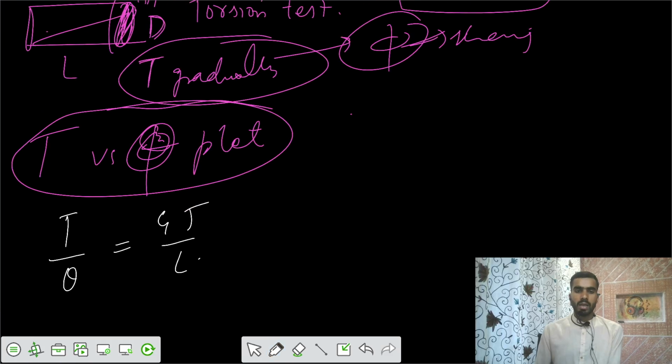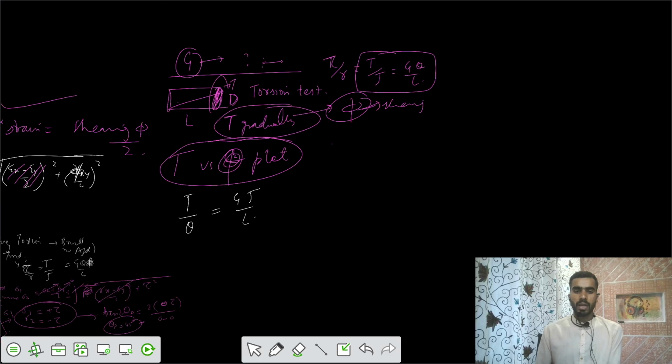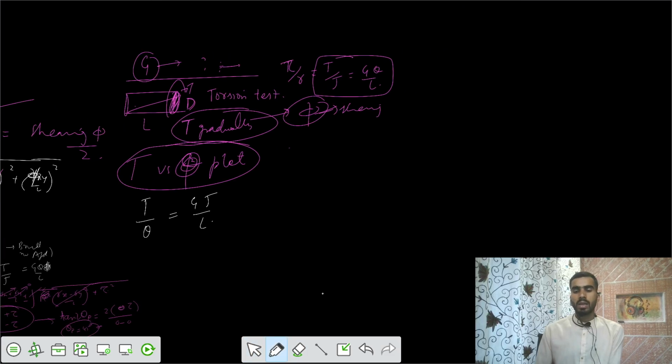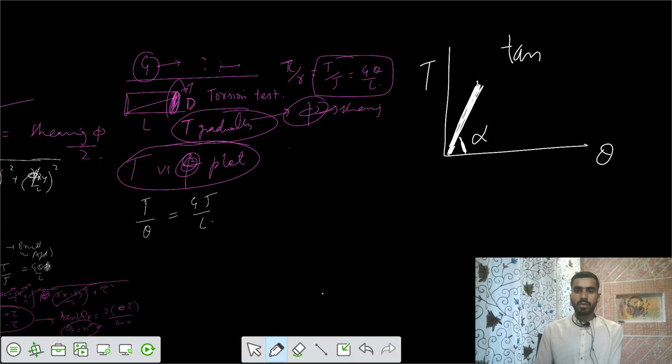That means if I have the initial linear portion, because we are dealing with SOM, that's the elastic part, we can have some linear curve in the first part of that T versus theta plot. We can have some value of alpha here. So I can write tan alpha equals T by theta.